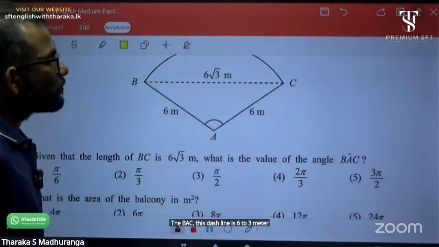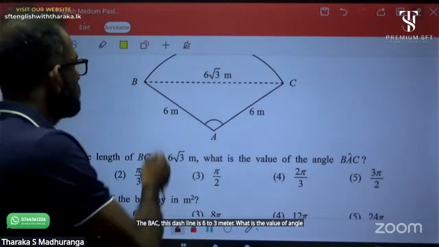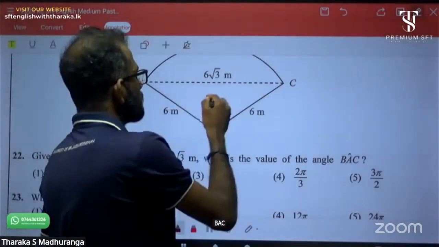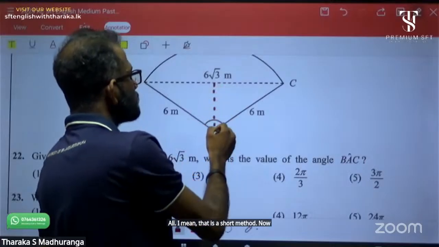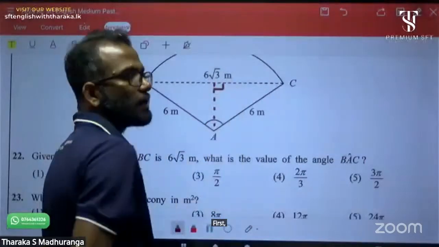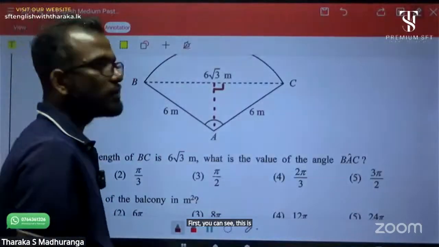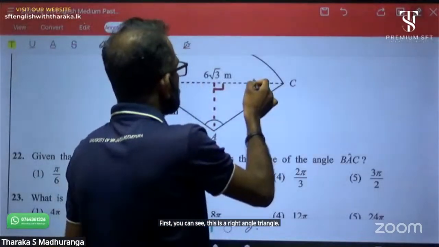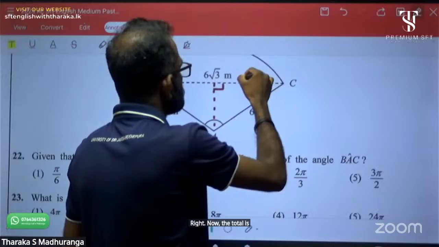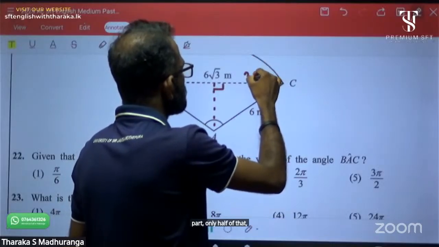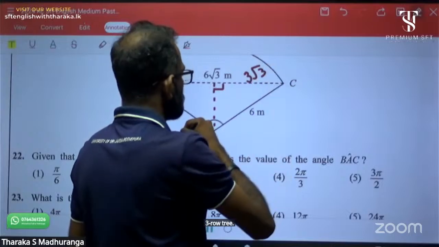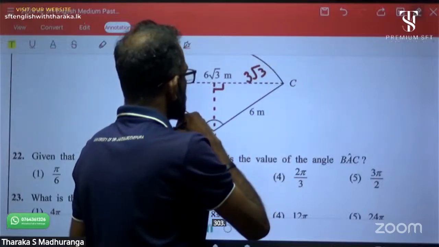What is the value of angle BAC? First, you can see this is a right angle triangle. The total 6 root 3 means only half of that is this part, 3 root 3.